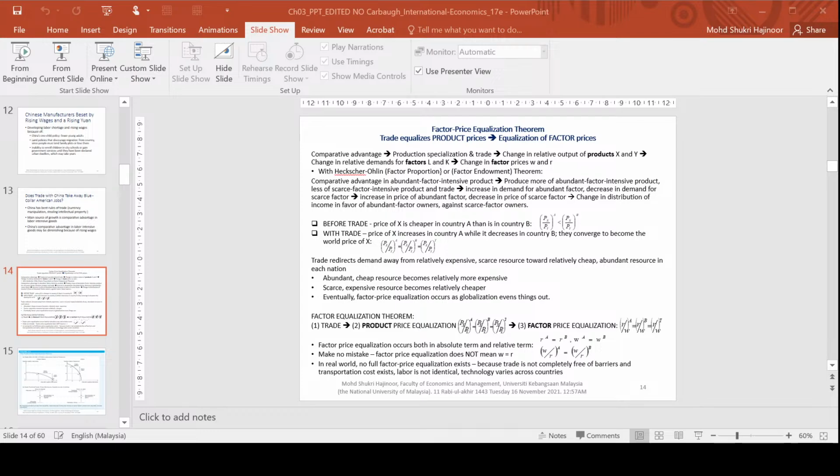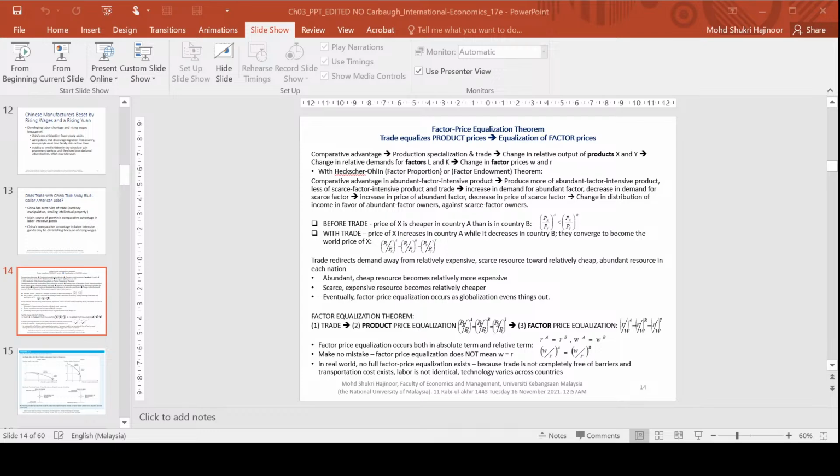As a result, we see this: resources specific to the import competing industry will lose. Resources specific to the export industry, in the case of the United States, the aircraft export industry, will gain as a result. And this will be in the short run only.